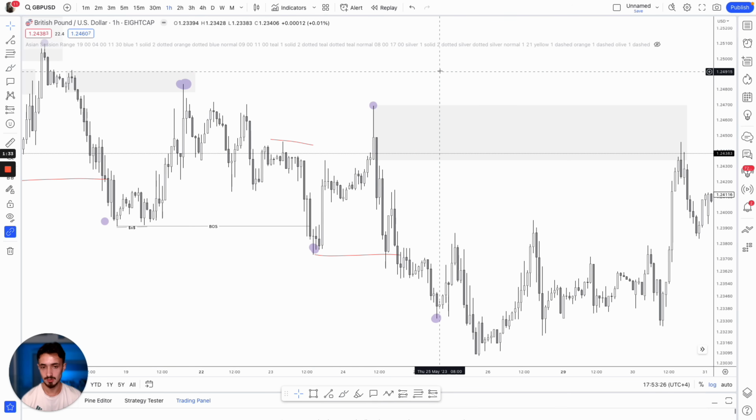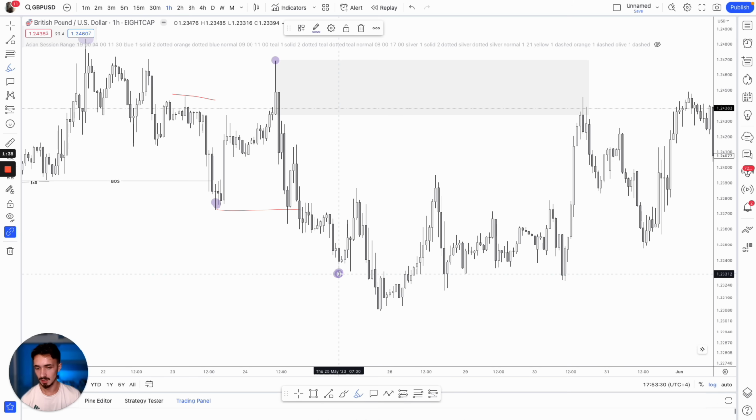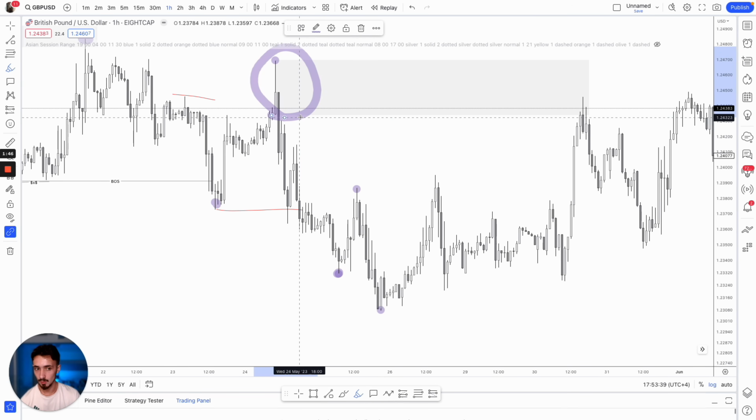Well, pay close attention, because what actually happens is price puts in a low, has a pullback, lower high, lower low, and then by the time price gets into this order block, what's happened? We've now shifted bullish.